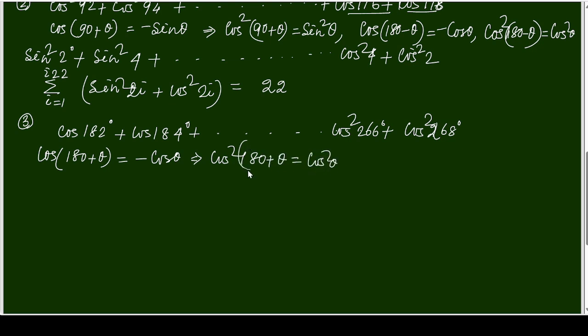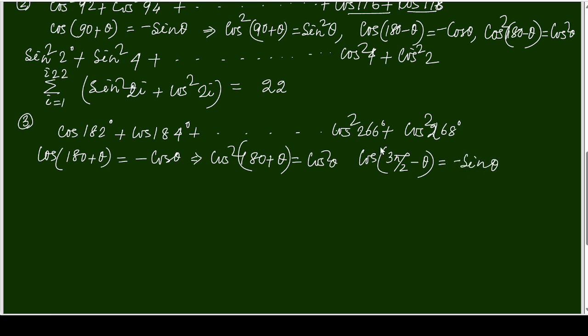So that is on the left side, and from the right side we can write cos 3 pi by 2, the 270 minus theta, equal to minus sin theta.